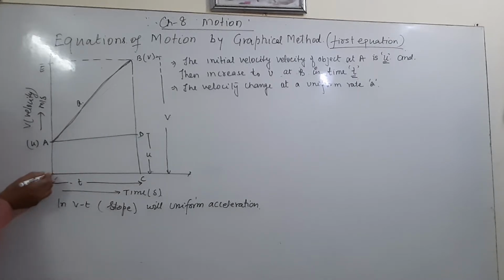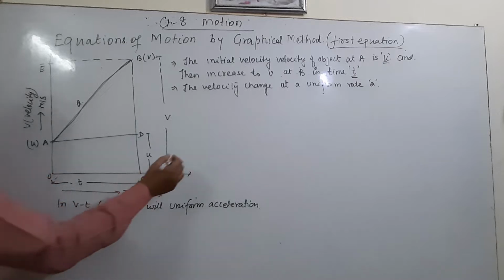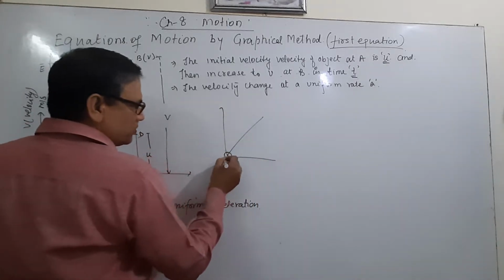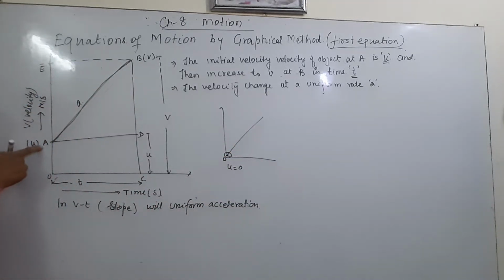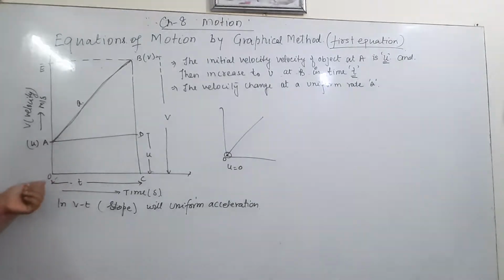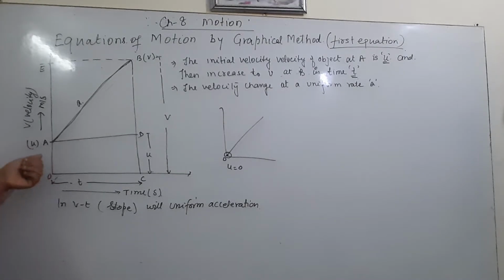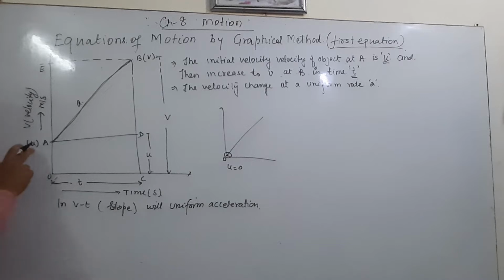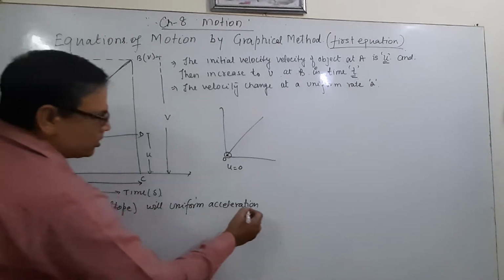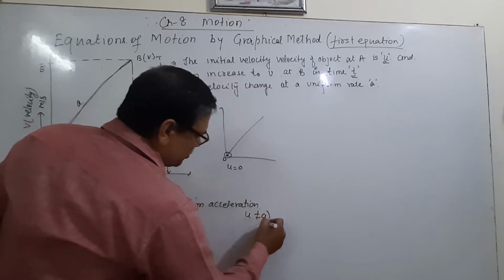This is 0. If the object started from here, O, then u would be equal to 0. But here the object starts from point A, not from O. If the object started from O, then the initial velocity would be 0. But since the object starts from A, it has some initial velocity equal to u, so u is not equal to 0.